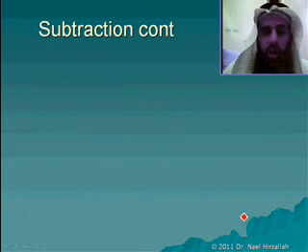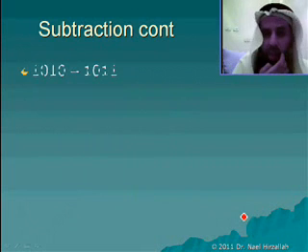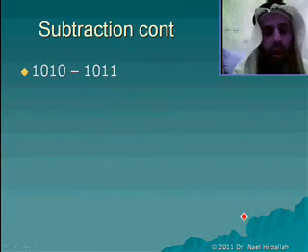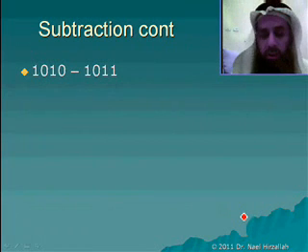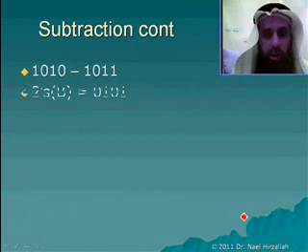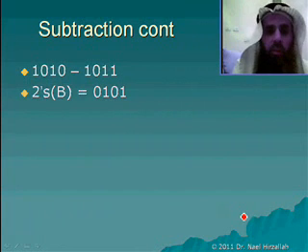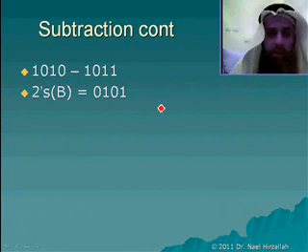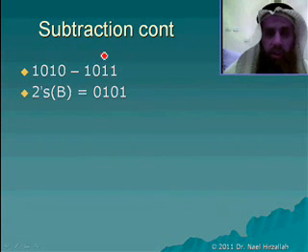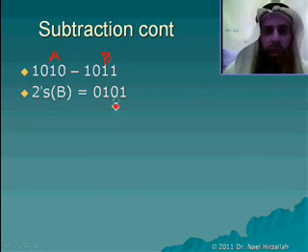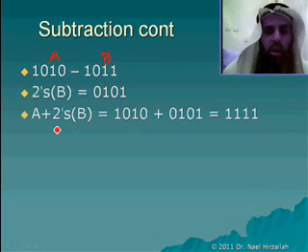Now, if we flip a and b, this time a is smaller than b. The first thing we do is add a to the 2's complement of b. The 2's complement of b is 0, 1, 0, 1. A is 1, 0, 1, 0. Now we add them and get 1, 1, 1, 1.